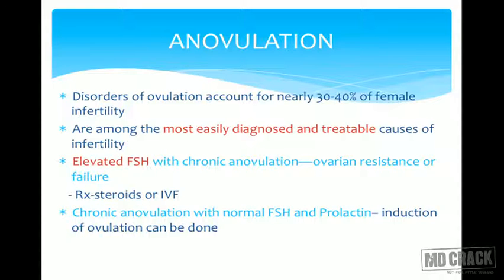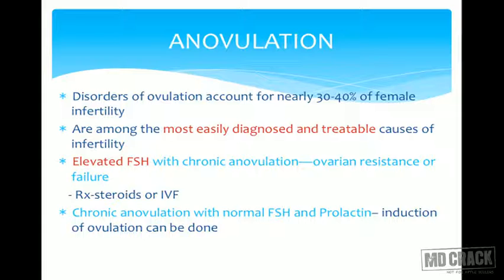These are, as we agree, very common, very easily diagnosed, treatable. But there are some types, like suppose we have a patient with anovulation where FSH levels are very high, elevated. That means there is no ovulation taking place and FSH is very high. That tells us that there is ovarian resistance. Ovaries are not ovulating.